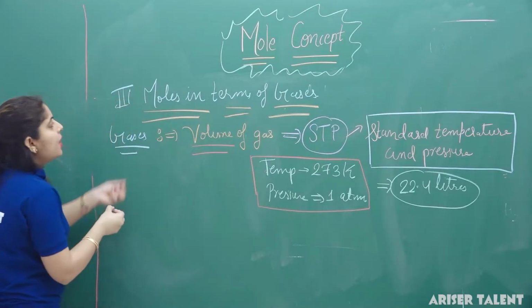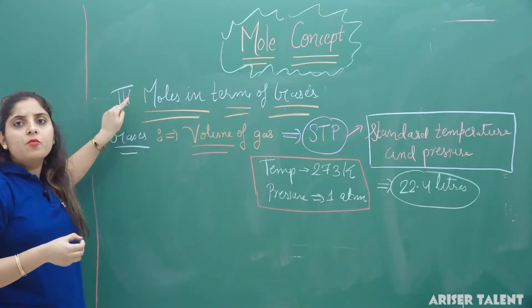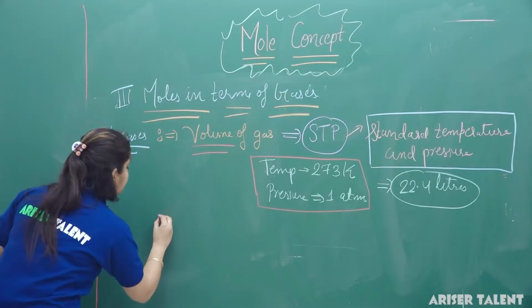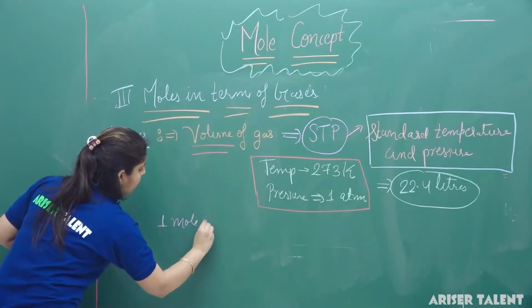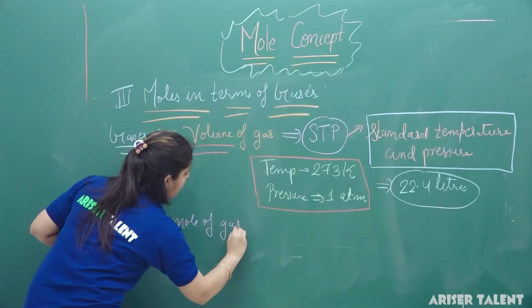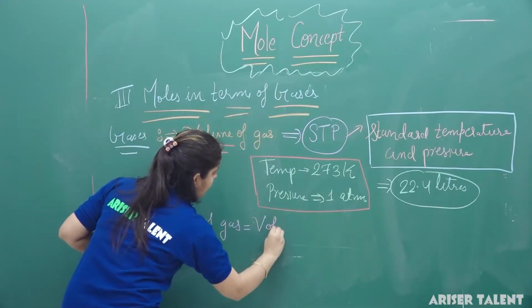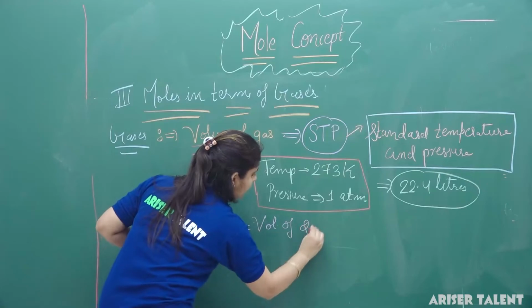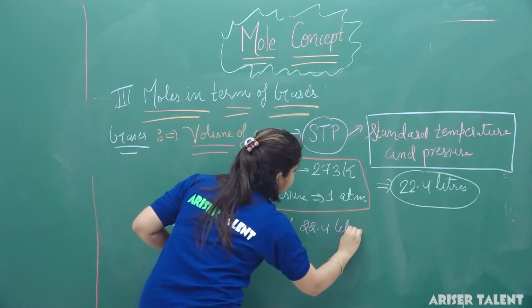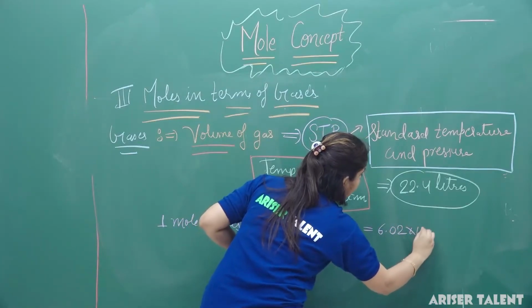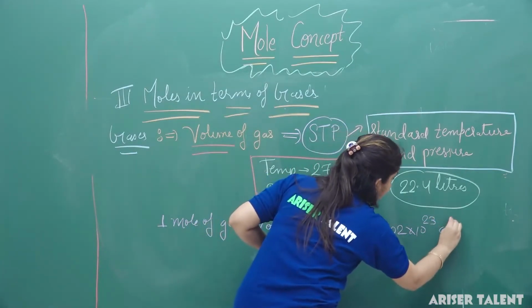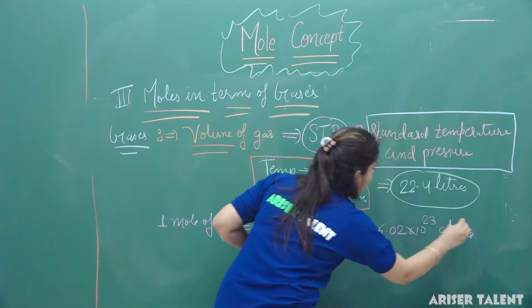Now, we are talking about the number of moles for gases. A volume of 22.4 liters will be equal to 6.02 into 10 raised to the power 23 atoms.